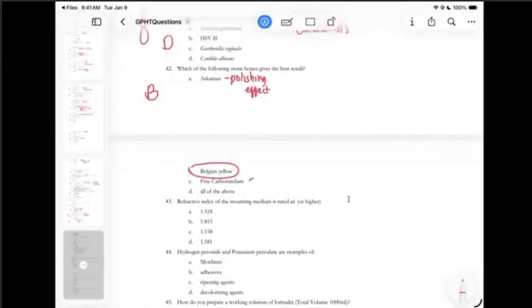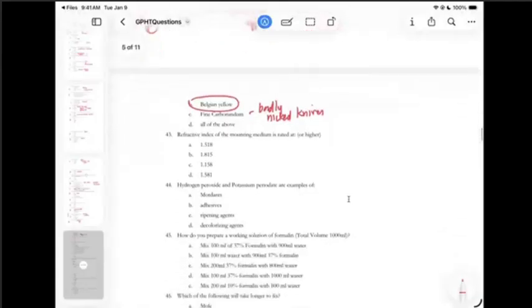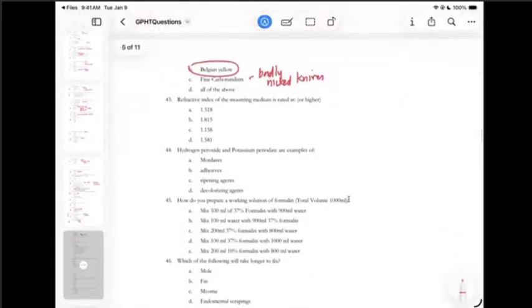Fine carborundum is for badly nicked knives. But the one that gives the best result is Belgium yellow or Belgian yellow. 42, letter B.